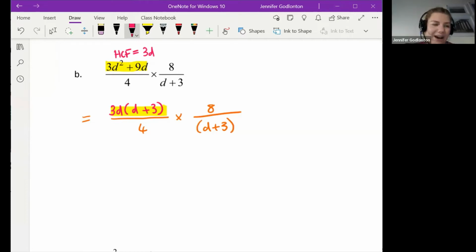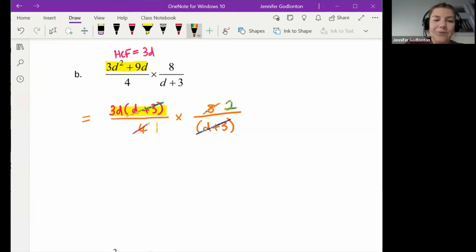Now that we've taken out our highest common factor, we factorized what we could factorize. Now we get to do the fun bit, which is cross simplifying. We look at our diagonals. This d plus 3 can cancel with that d plus 3. This 4 goes into itself once and into 8 2 times.